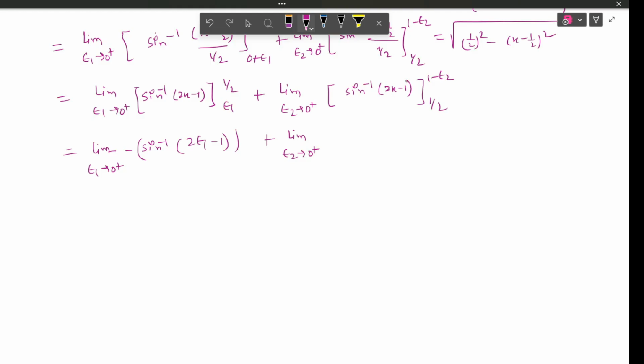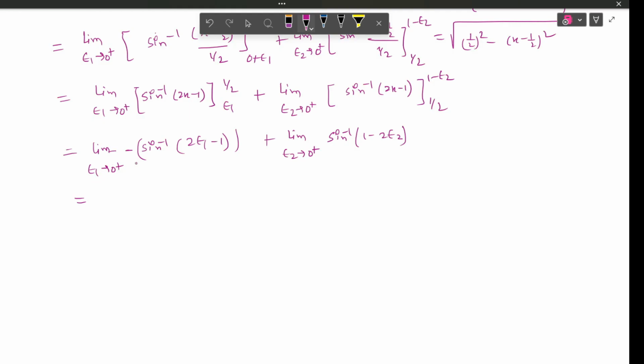If you put 1 minus epsilon 2 here in place of x, you will get 2 minus 2 epsilon 2 minus 1, that is 1 minus 2 epsilon 2, sin inverse of 1 minus 2 epsilon 2. And if we put the lower limit, minus lower limit, so 2 multiplied by half, that is 1 minus 1 is 0, sin inverse 0 is 0.